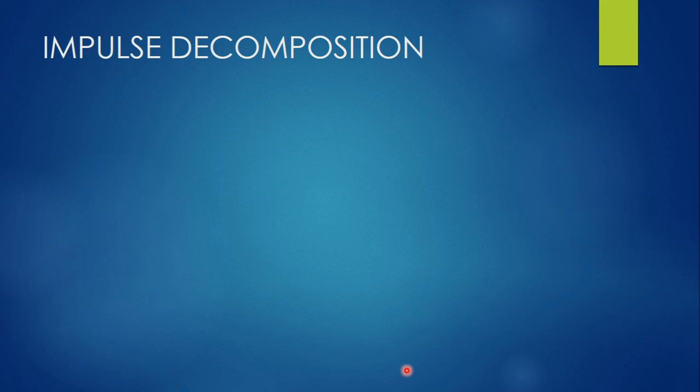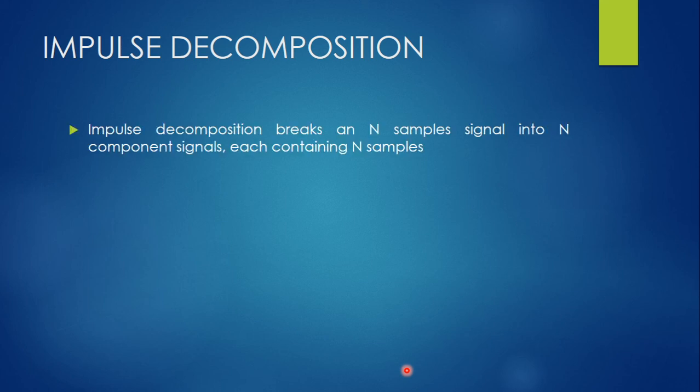What was an impulse? A unit impulse has a value of 1 at the 0th sample and all other samples are 0. An impulse sequence will have a non-zero value at any one sample and all other samples are 0.